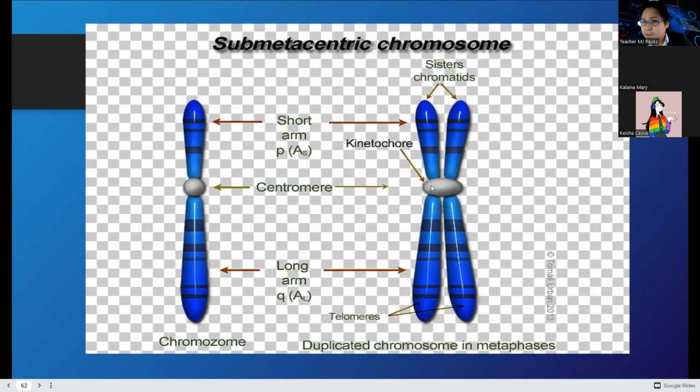In metaphase, they pull the chromosomes to the center or equator. You can see the spindle fibers attaching to the centromere of these chromosomes in the metaphase.